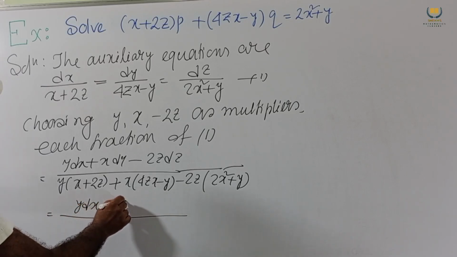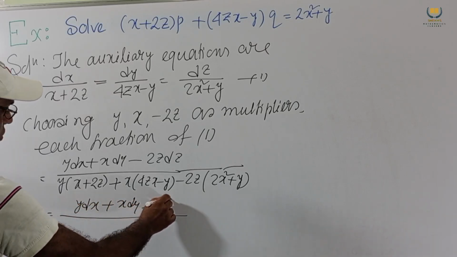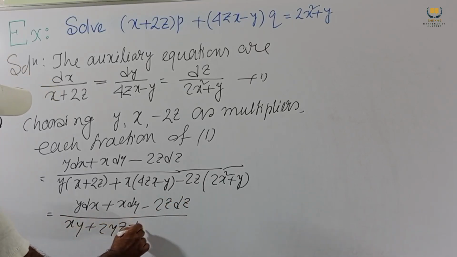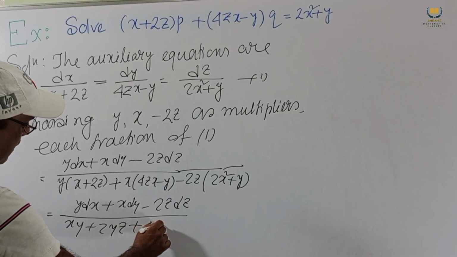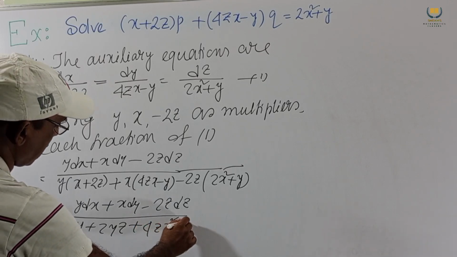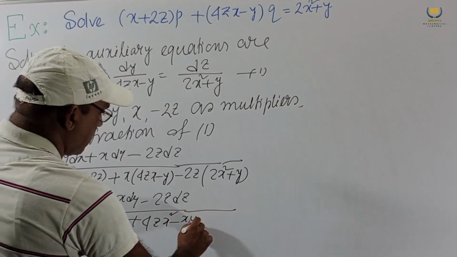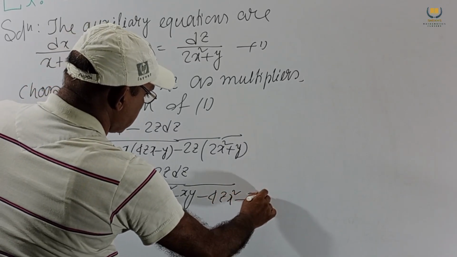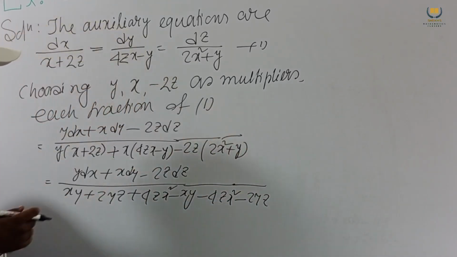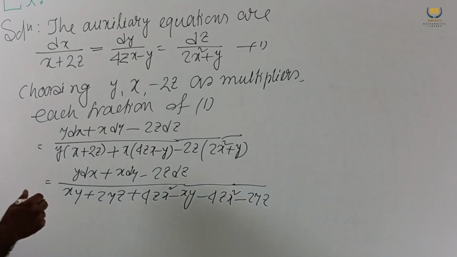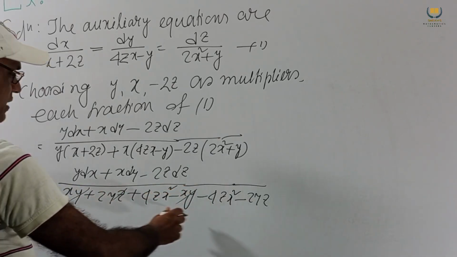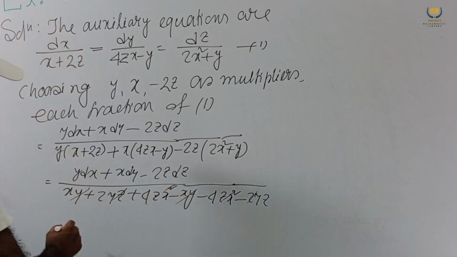Y dx, x dy, 2z dz. This is xy plus 2yz, 4zx square minus xy minus 4zx square minus 2yz. If we multiply all of this, we get this. So xy cancel, 2yz cancel, 4zx square cancel.